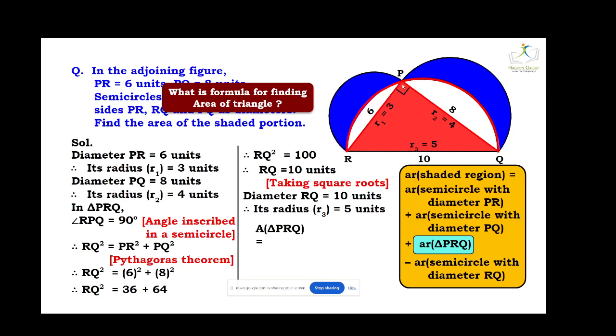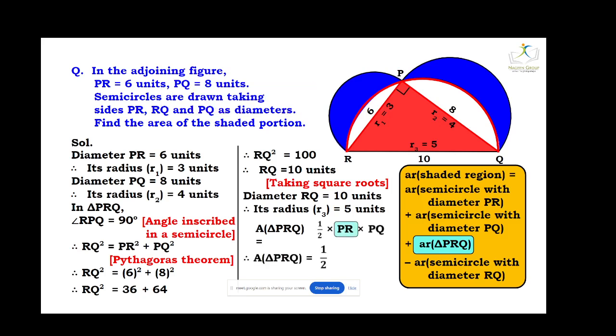Since it is a right angle triangle, 8 and 6 are the adjacent sides, the arms of the right angle triangle. So either 8 is the base and 6 is the height, or 6 is the base and 8 is the height. Like that we can use it. So we can find the area of the triangle: half into base into height.